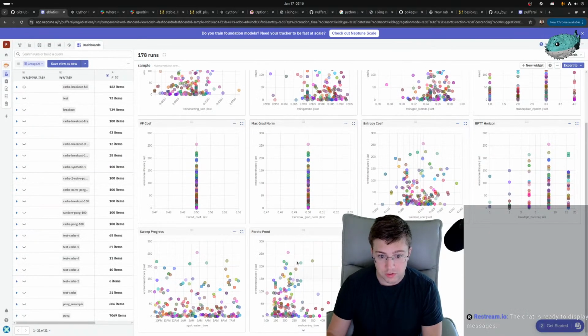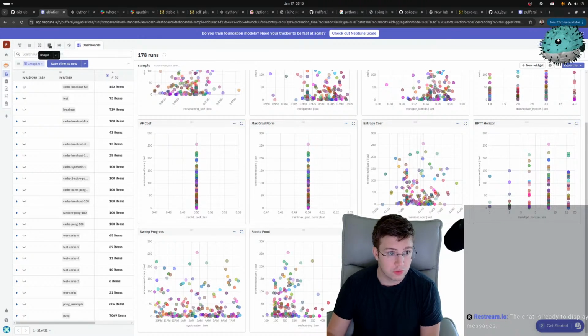Okay, so now we can see that there are actually only like 1, 2, 3, 4, 5, 6 points above 200, it looks like. And if we look at the Pareto front, yeah, this is more reasonable.